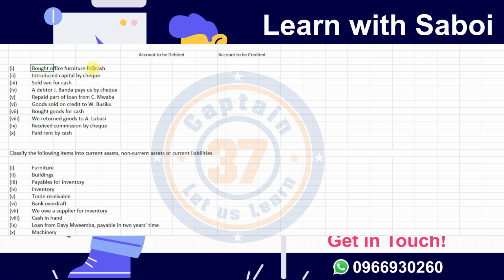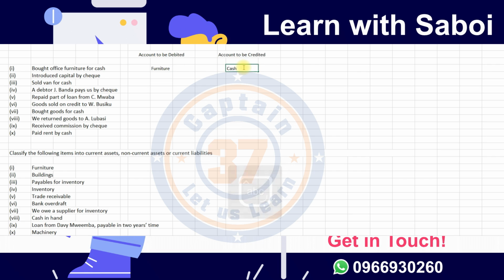This particular business bought furniture, so there's a room for furniture and a room for cash. The furniture room is going to receive furniture, and therefore the account we need to debit is the furniture account, and the account we have to credit is the cash account.